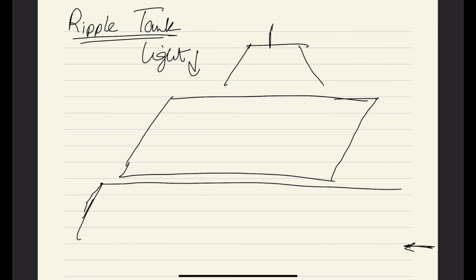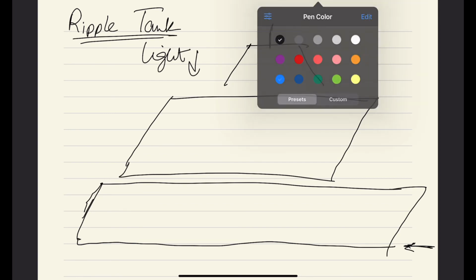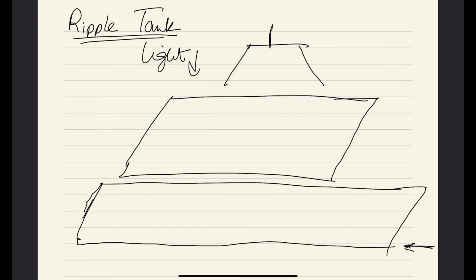That's the white sheet at the bottom, and we have the water waves over here. I'm just drawing the wave fronts of the water waves. So these are the wave fronts of the water waves.